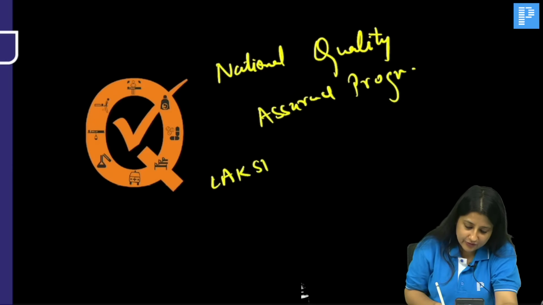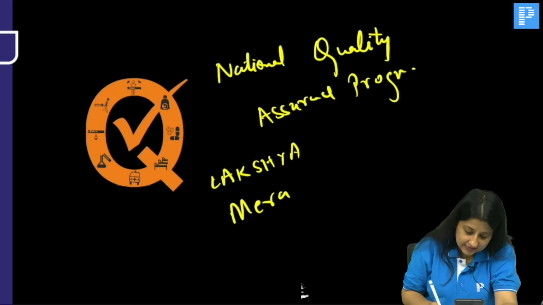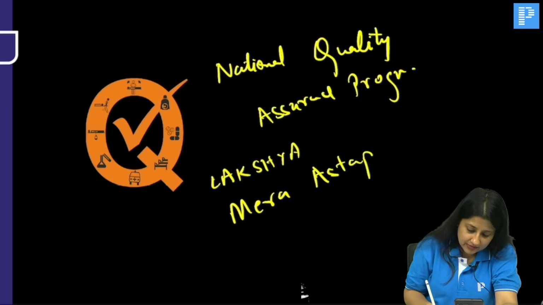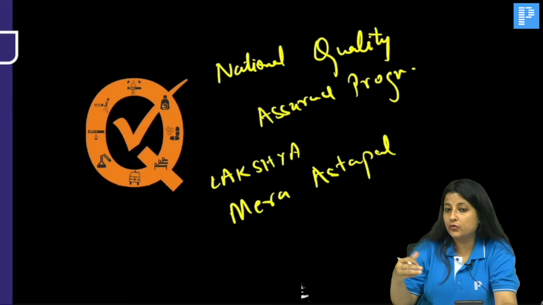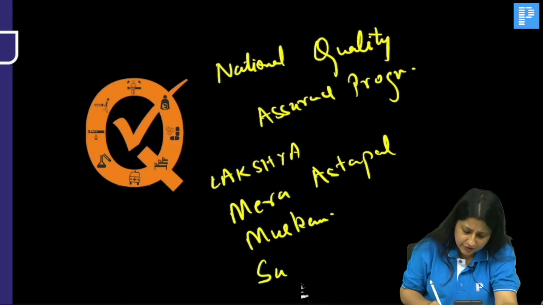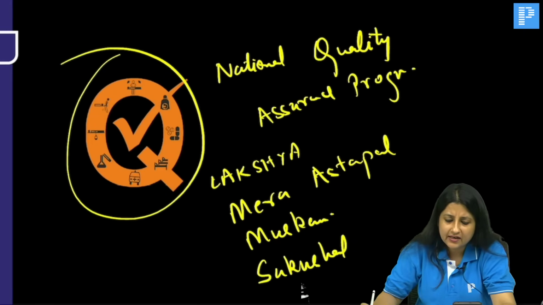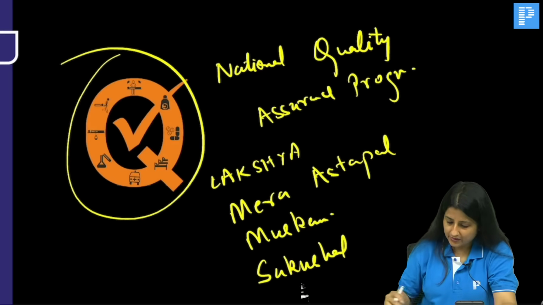For example, there is Lakshya, meant for quality improvement. Mera Aspataal: if you go to a hospital and see it is not good, you can click photos and upload them. You have Muskan, Sakushal, all of these are meant for quality. So this is the National Quality Assurance Program. All right, so that's it for today.